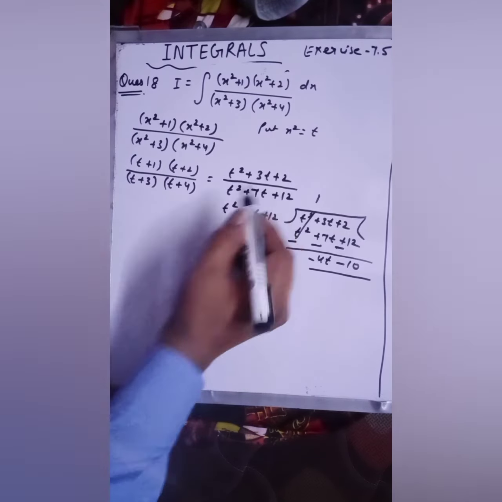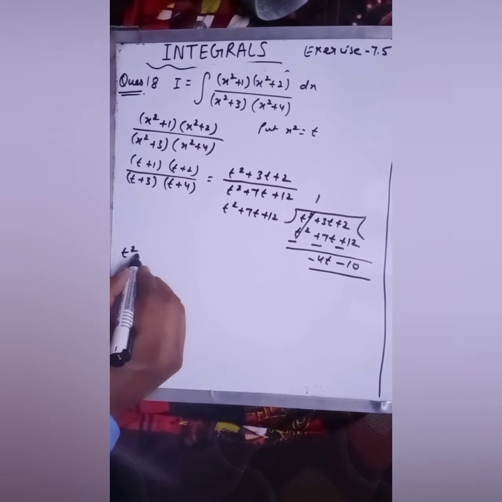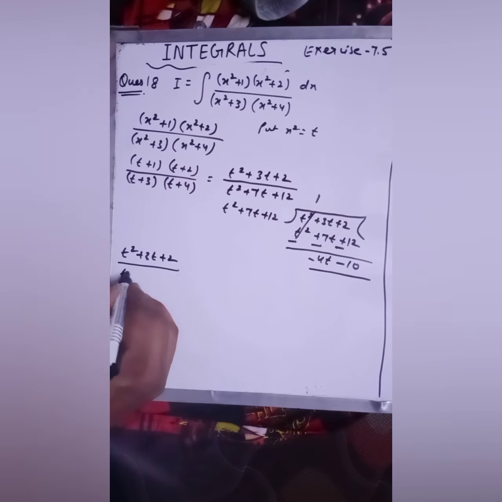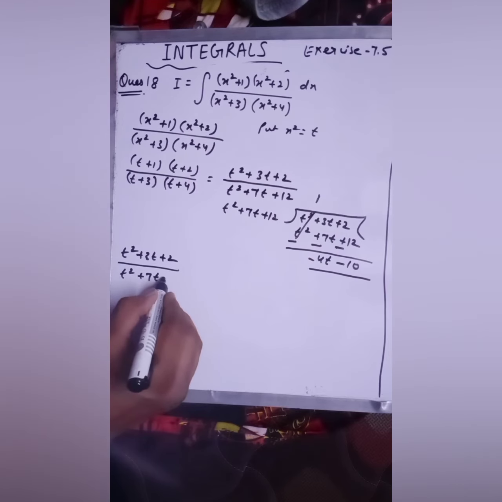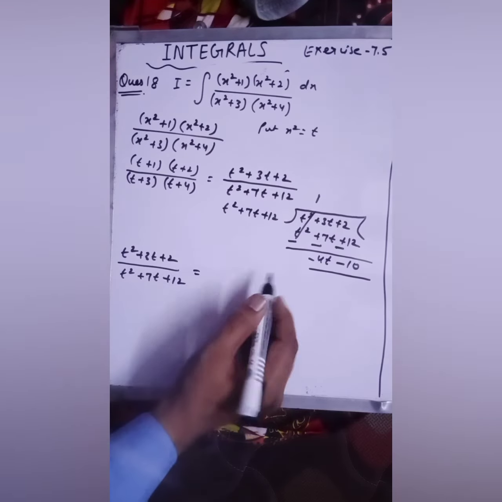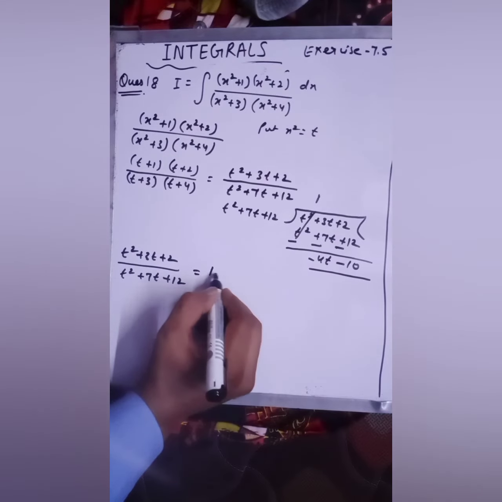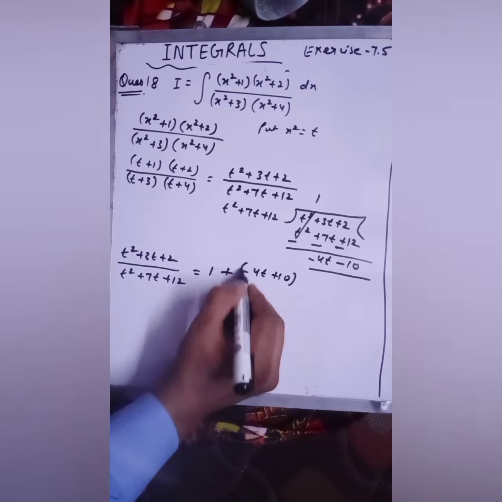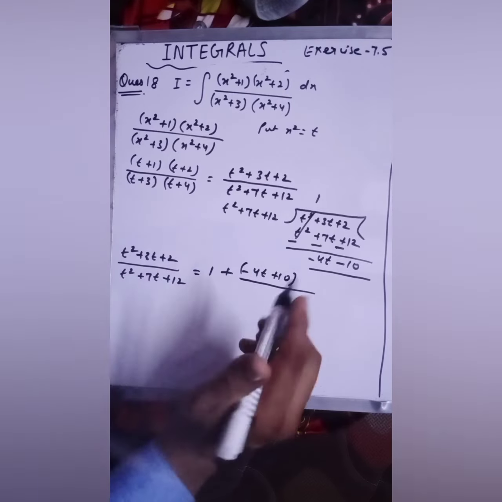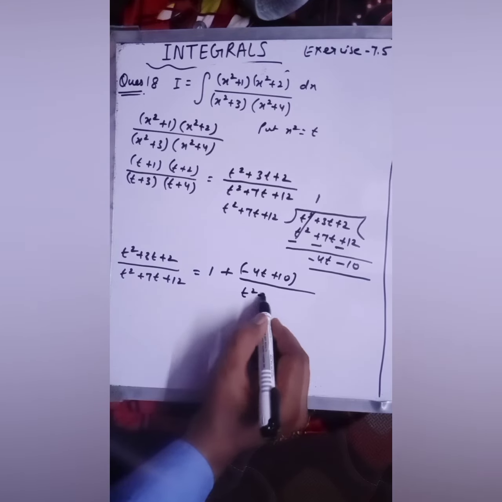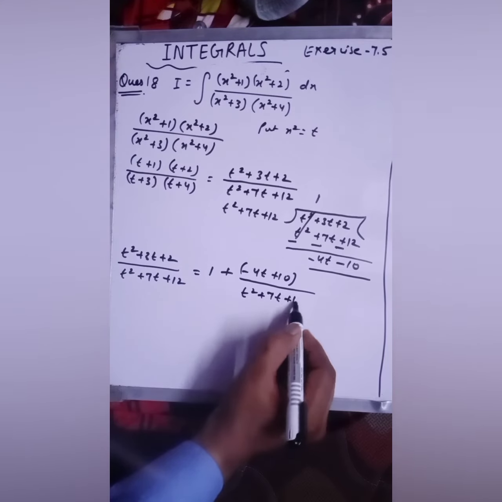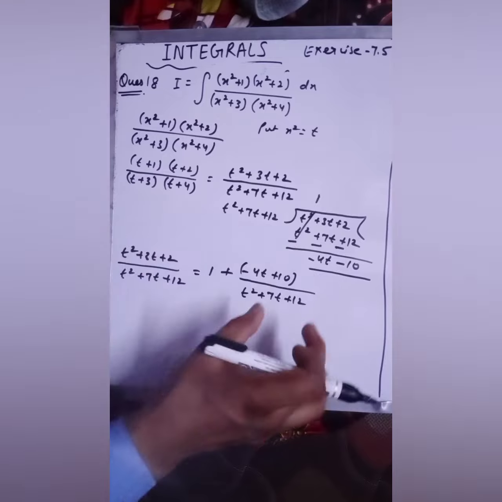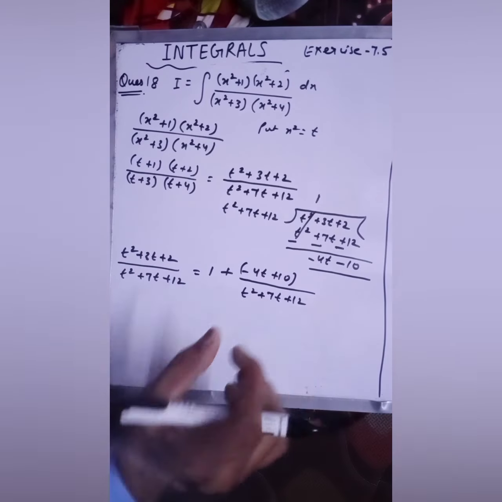No need to write this directly. t square plus 3t plus 2 over t square plus 7t plus 12, that is equals to 1 plus this remainder over this divisor. Sorry, this is the divisor.